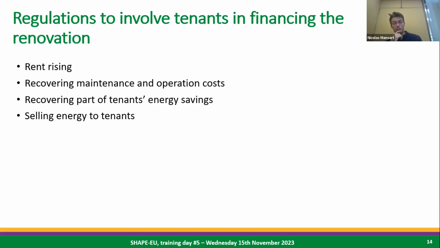Another possibility is to recover maintenance and operation costs. This mechanism exists in some countries where housing providers can recover the cost for some operation and maintenance activities, especially for common areas of apartment buildings, for instance.